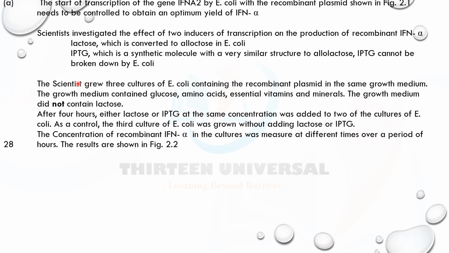The scientists grew 3 cultures of E. coli containing the recombinant plasmid in the same growth medium. The growth medium contained glucose, amino acids, essential vitamins, and minerals. The growth medium did not contain lactose. After 4 hours, this is very important, either lactose or IPTG at the same concentration was added to 2 of the cultures of E. coli.